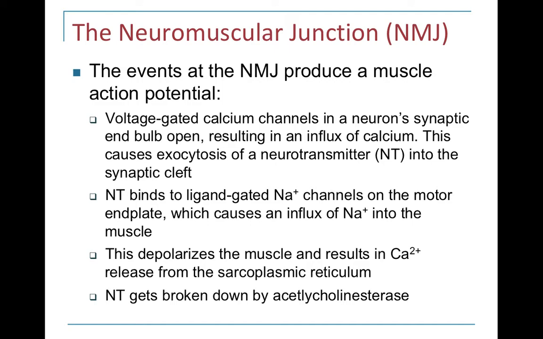The neurotransmitter acetylcholine will bind to the ligand-gated sodium channels on the motor end plate, which causes an influx of sodium into the muscle. This depolarizes the muscle and will result in calcium release from the sarcoplasmic reticulum. The neurotransmitter acetylcholine will be broken down by acetylcholinesterase.